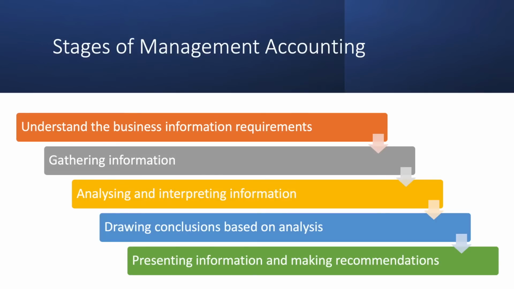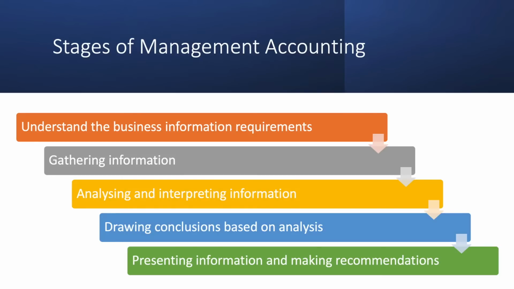Understanding the business information requirement is about what is actually required by anyone who is looking for information from us. It means a strong understanding of the organization and its operations, a good relationship with decision makers and management, and an understanding of the different types of activities that management performs and the information required to support those activities.